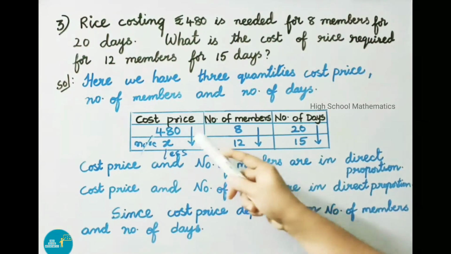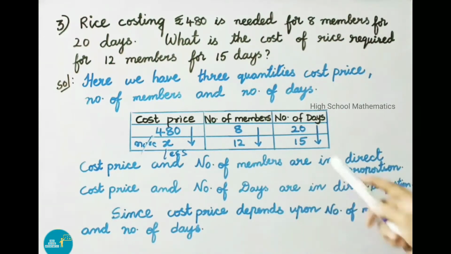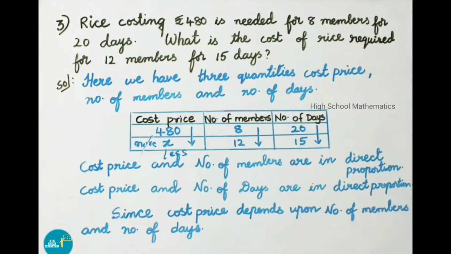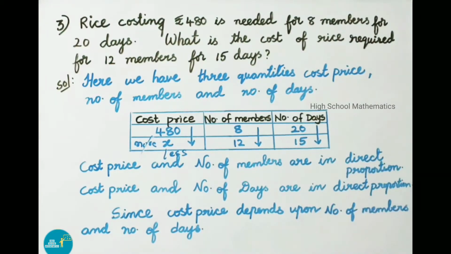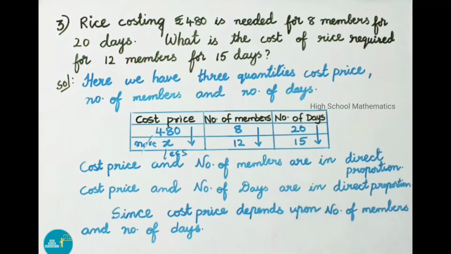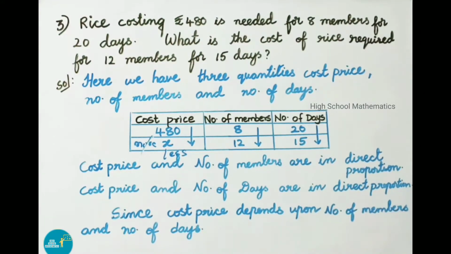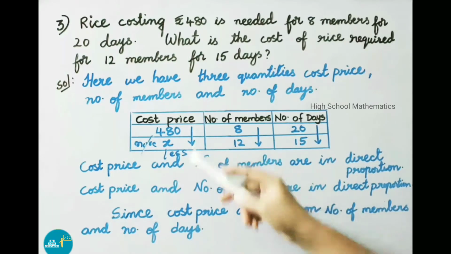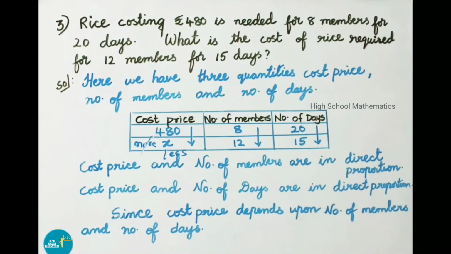Here cost price depends upon number of members and number of days. So we have to take the compound ratio of number of members and number of days, that is 8:12 and 20:15, which is equal to the ratio of cost price, that is 480:x. Now let us find this compound ratio.